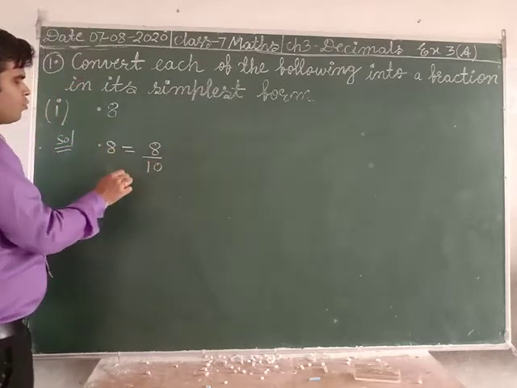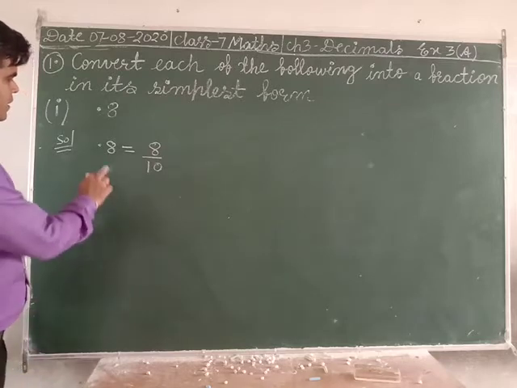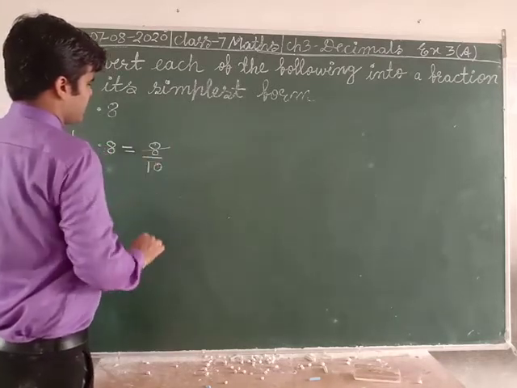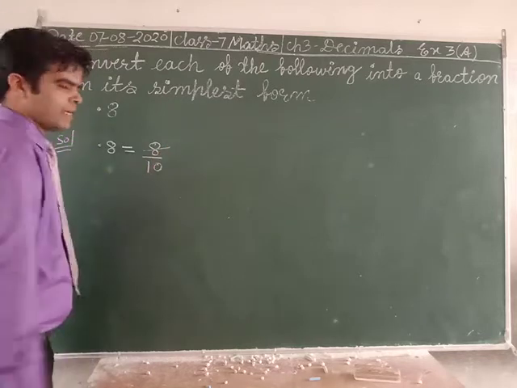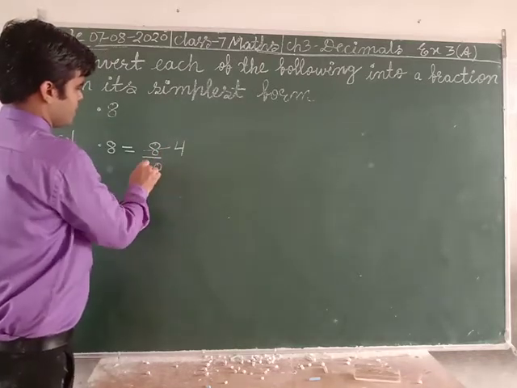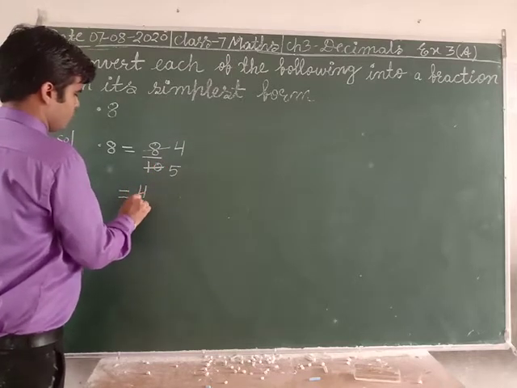We remove the decimal and put 1; after that, for the number of digits we put the zeros. Here is only one digit, 8, so we put 10. After that, we cut it. 8 and 10 are both divisible by 2. So 2 fours are 8, 2 fives are 10. So the answer is 4 upon 5.